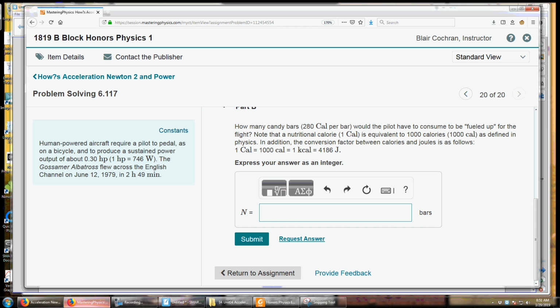And then I can figure out, well, if each candy bar has 280 of those, how many candy bars do I need? Right? So in essence, I'm converting joules to candy bars.